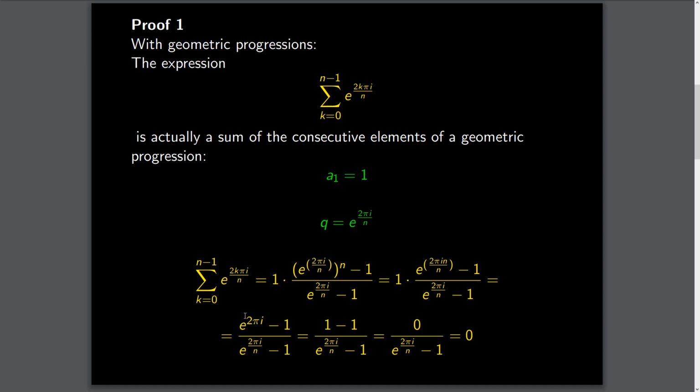Now, e to the 2 pi i is simply going to be 1, because you are rotating that vector by 2 pi, and therefore it's going to arrive at the same place where it has been. And what you should now see is that 1 minus 1 equals 0, and if the numerator is 0, then the entire expression is going to be 0, concluding our proof.